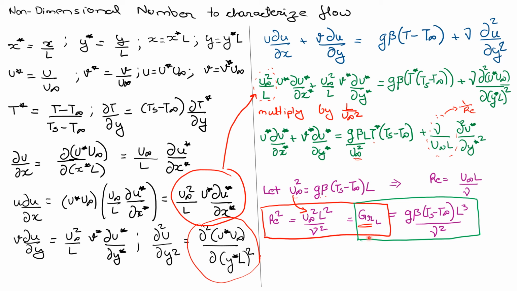And the Grashof number here, as we said, is the ratio of the force due to buoyancy to the viscous forces, and this helps us in defining the characteristic of the flow.